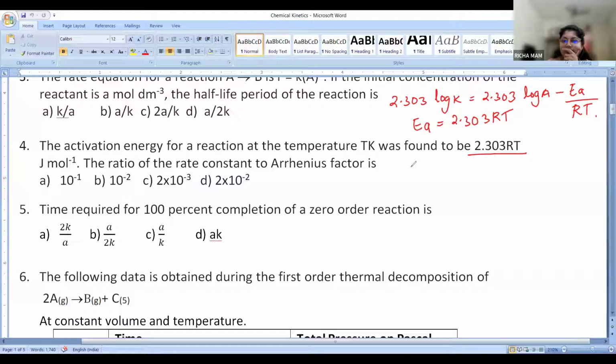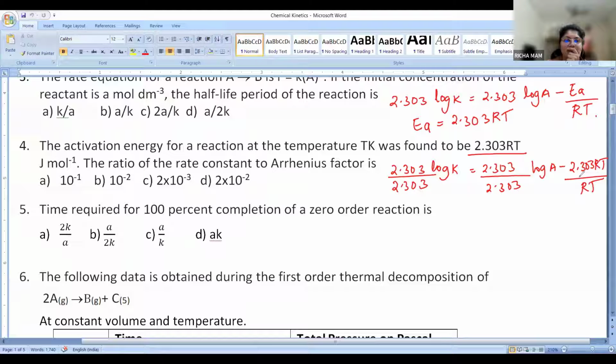So what we are going to get: 2.303 log of K divided by 2.303 is equal to 2.303 log of A divided by 2.303, minus EA, which is 2.303 RT, by RT.